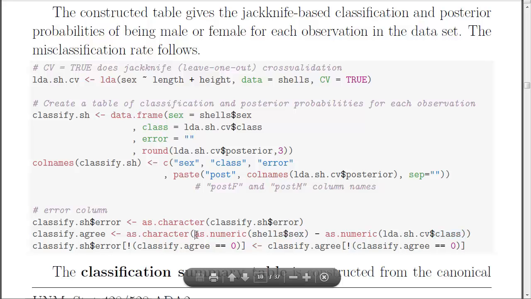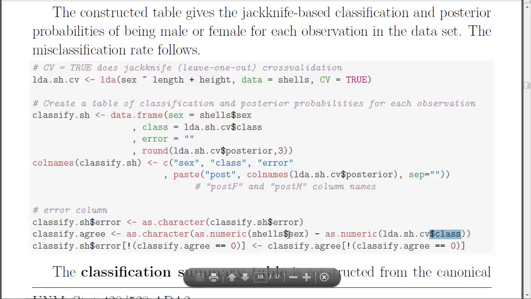If this was female, as the true one, it would be equal to 1, minus classified as a female would be equal to 1, and this difference would be 0. And those zeros would be put into this agree. Now, misclassifications are ones that aren't 0. So if we had a female true sex, which was a 1, minus a male classification, that's a 2.